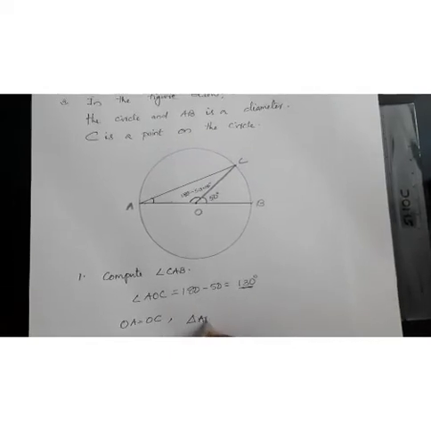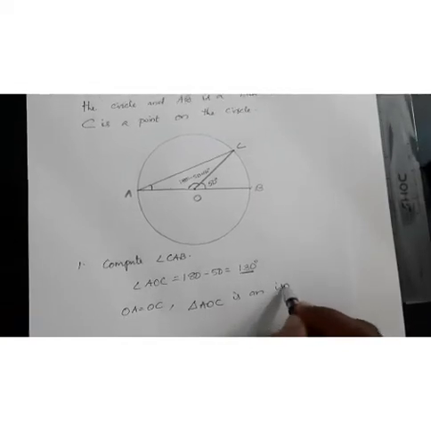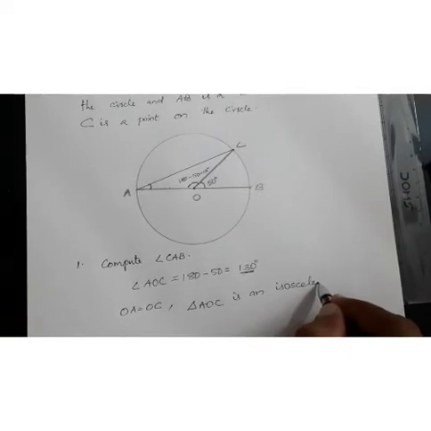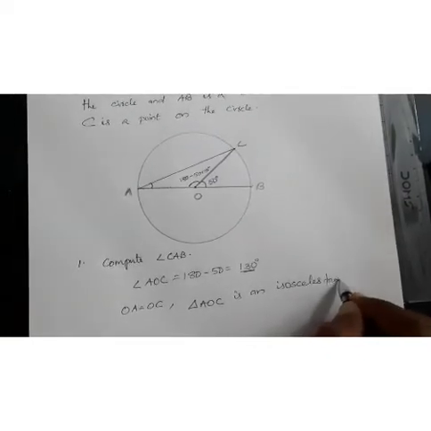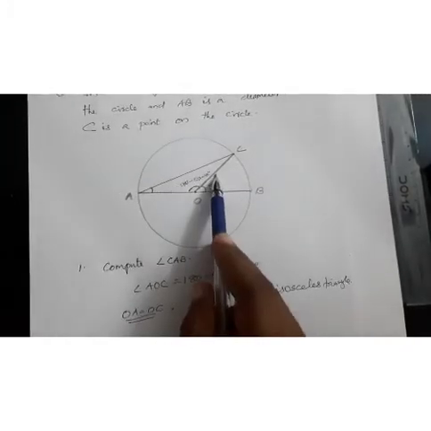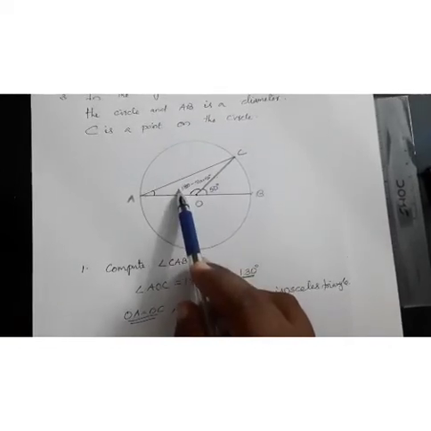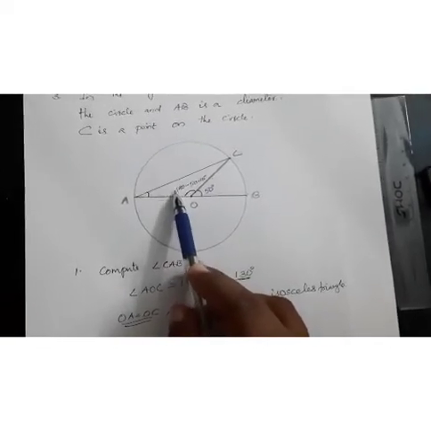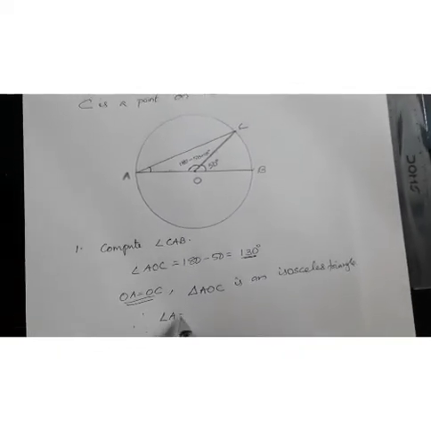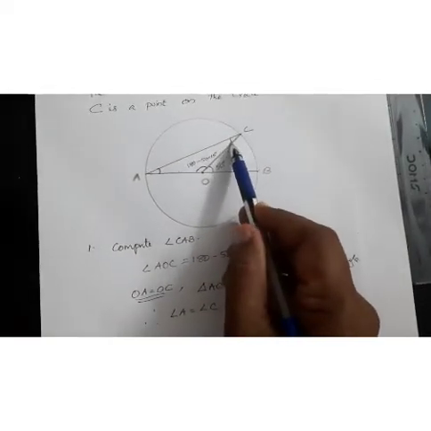Triangle AOC is an isosceles triangle. OA is equal to OC because they are the radius. So these two sides are equal. We can say this triangle is an isosceles triangle. So we can write angle A is equal to angle C. If it's an isosceles triangle, these two angles are equal.